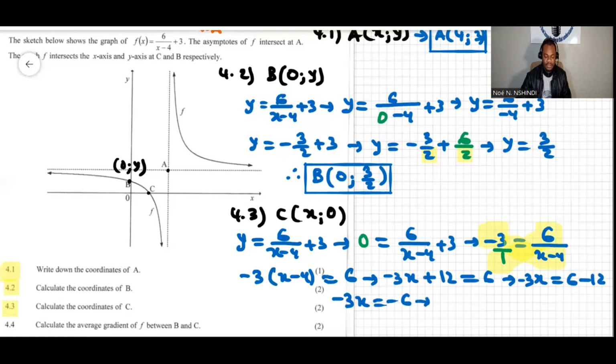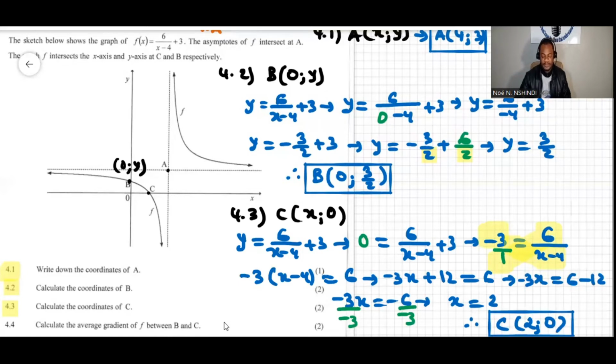Then we can divide both sides by negative 3, and we get x equal to positive 2. Therefore, the point C has coordinates (2, 0). Okay, the x-intercept.